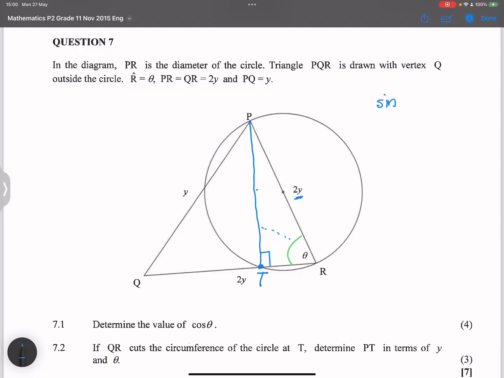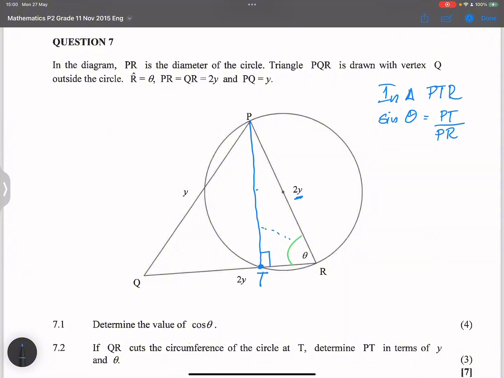So I'm going to say in triangle PTR, the sine of theta will be opposite, which is PT, over hypotenuse, which is PR.